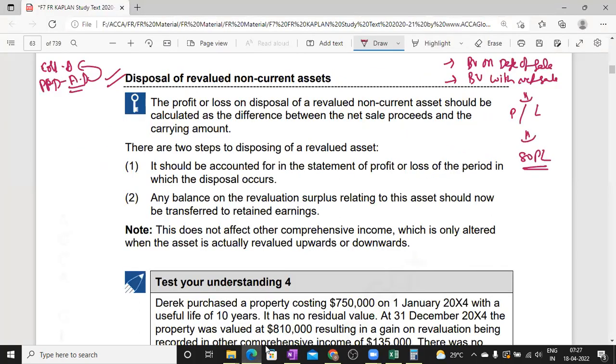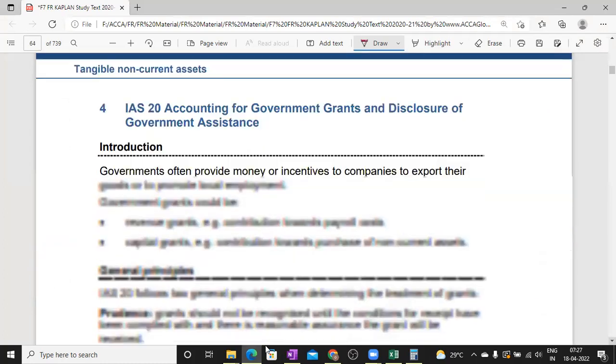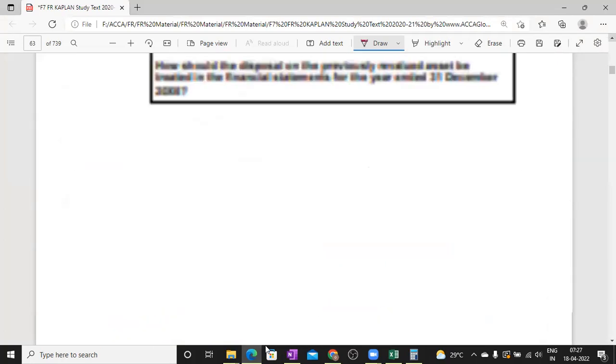Okay, so this is the profit or loss, and any balance in revaluation surplus relating to it is transferred. And this is very important: this does not affect other comprehensive income, because in other comprehensive income, revaluation surplus is shown only in the year of its creation, not in subsequent periods. Okay, so this is about revaluation.